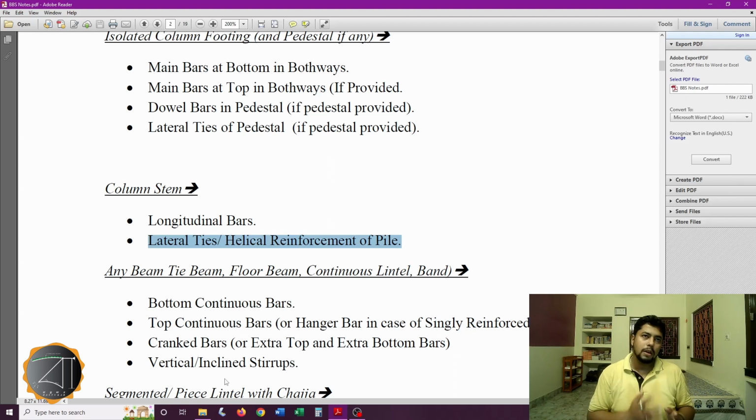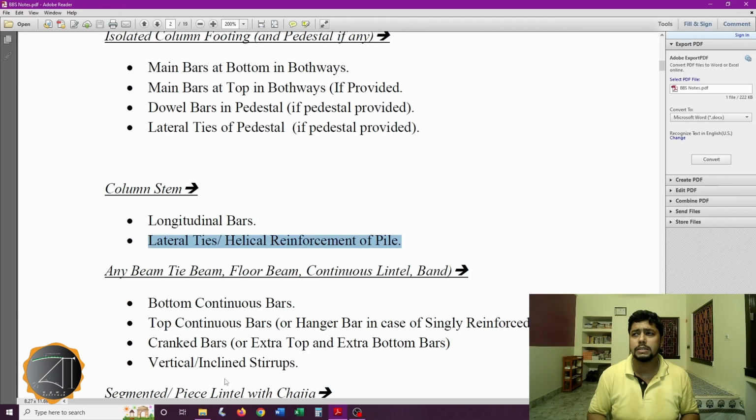Now this top continuous bar may be termed as hanger bar in case of the singly reinforced beam, where the main reinforcement is provided at the bottom only, and the continuous bars in the top portion of the beam are used only for hanging the stirrups. Those are acting as hanger bars. But in case of the doubly reinforced beam, those will be used to take up the compression also.